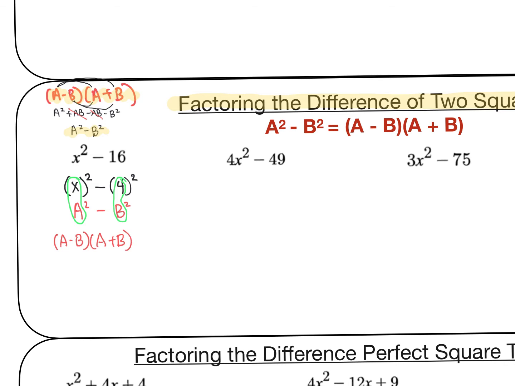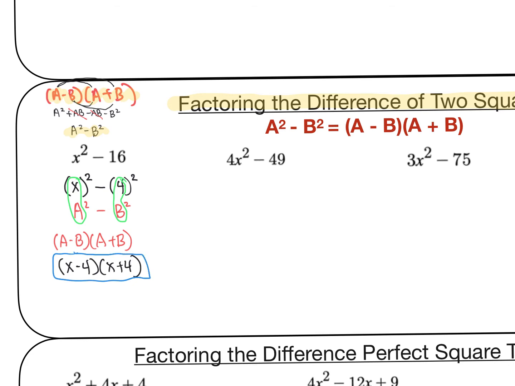So since I have these equivalent statements here, instead of writing an a, I write an x. So every a turns into an x, and every b turns into a 4. And that's going to give me x minus 4 and x plus 4. And that's going to be my factoring pattern, okay?